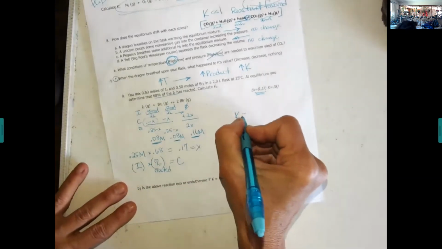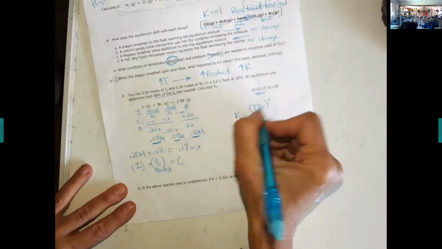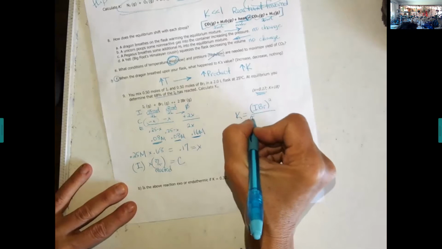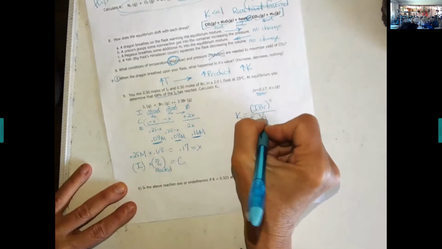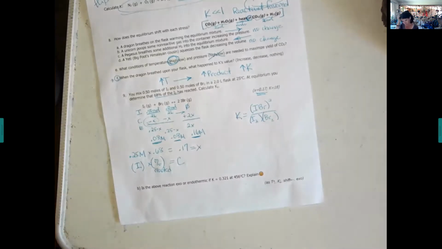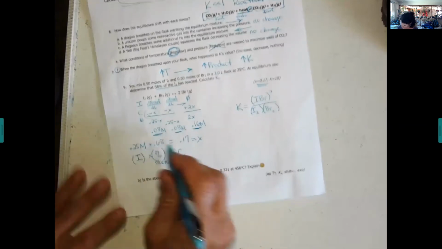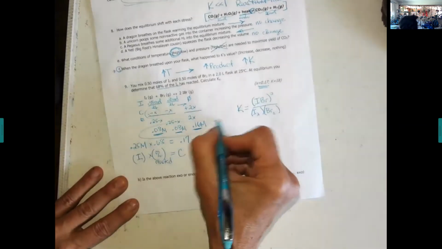Let's write our K expression. It always has to be there. You plug in these equilibrium numbers.